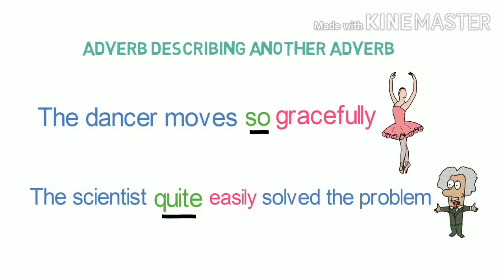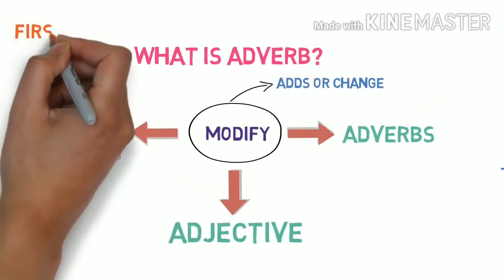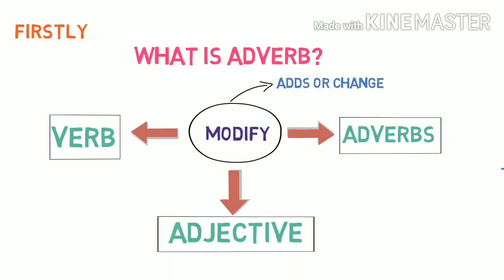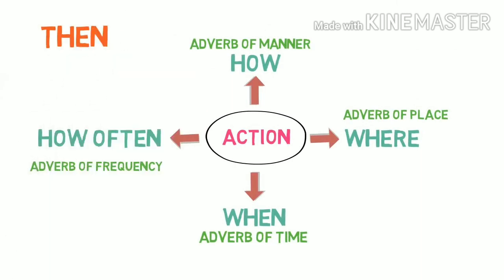So these are the basics about adverbs that you should know. Let's quickly revise what we have learnt in this video. Firstly, adverbs are words that modify three things: verbs, adjectives, or adverbs. And depending on the way in which an adverb describes any action or verb, they are further divided into four types.